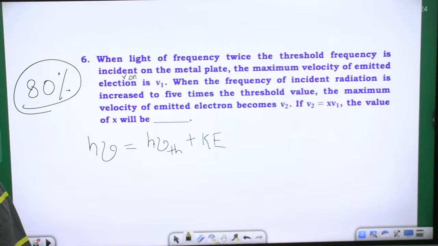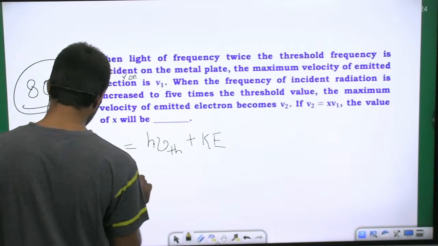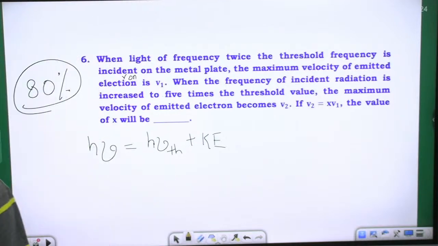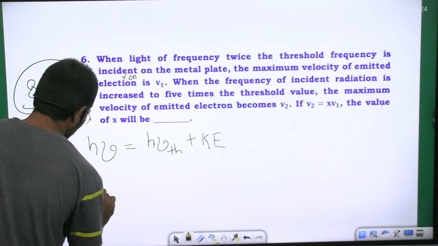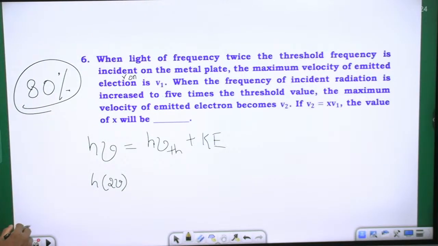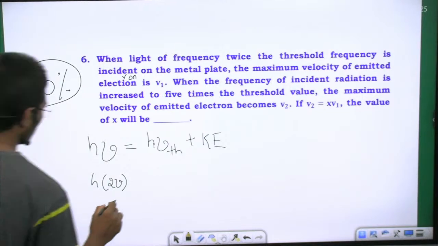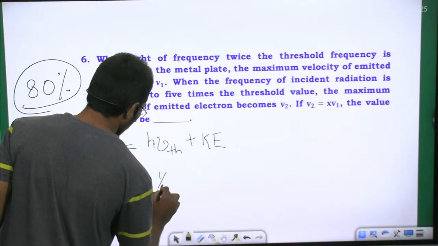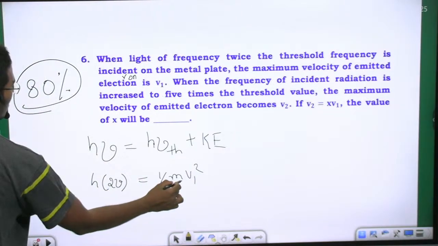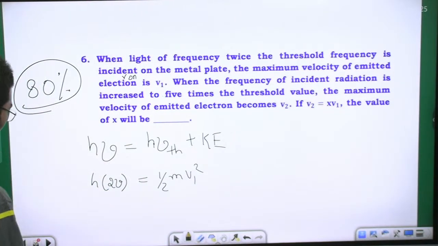the maximum velocity is V1. So what is being asked? Let me check once again. When the light of frequency twice the threshold frequency, the maximum velocity emitted is V1. Here it is said that half mV1 square. When frequency gets doubled, the maximum energy is half mV1 square.